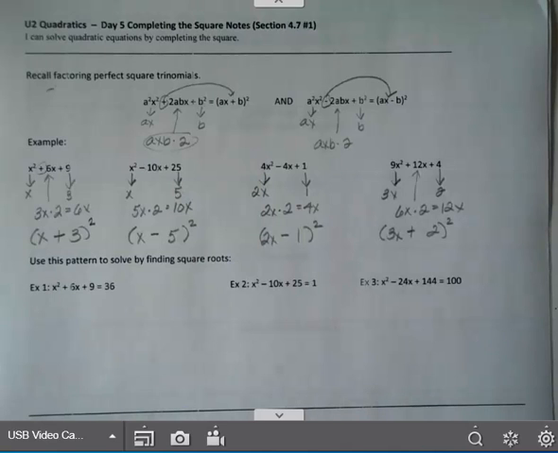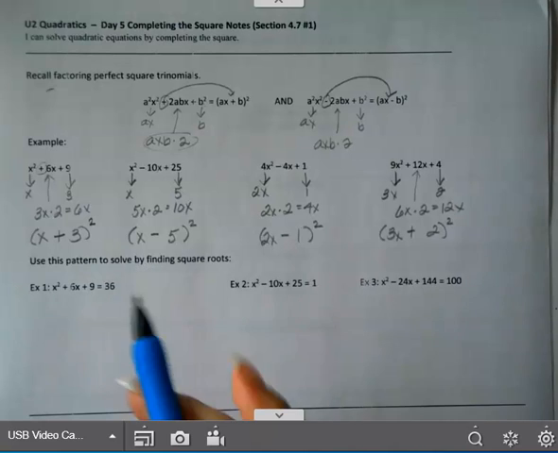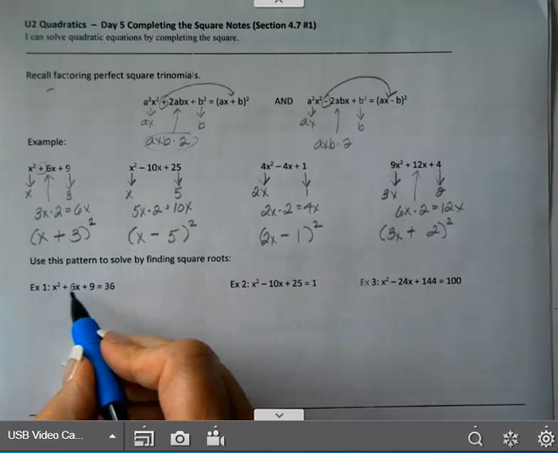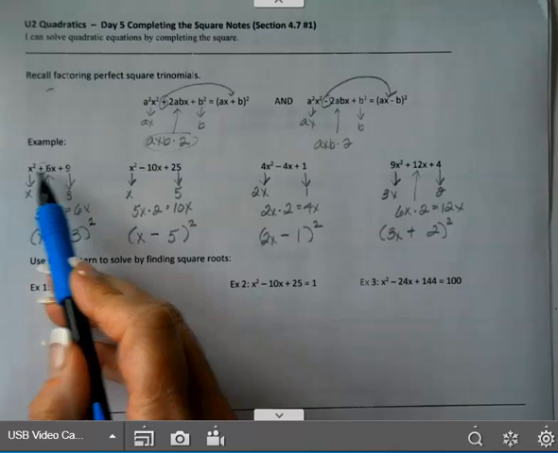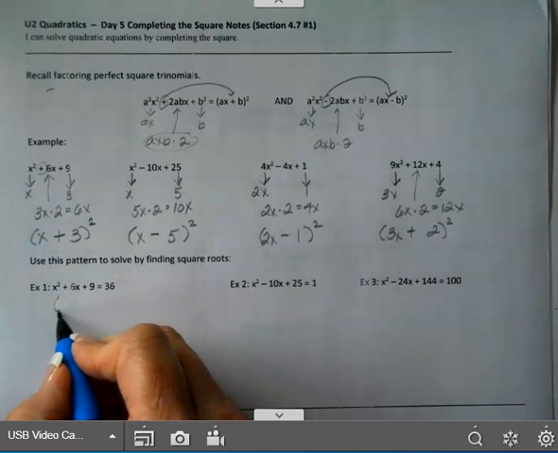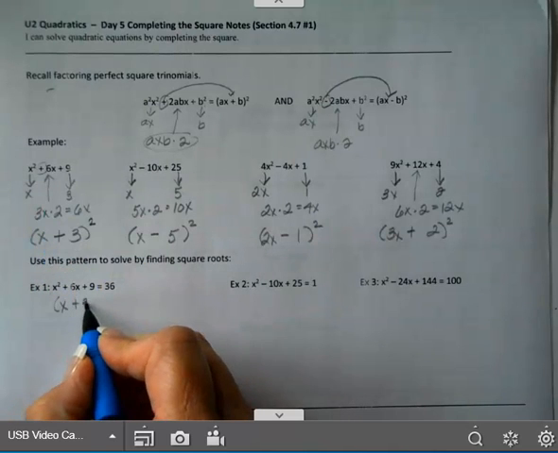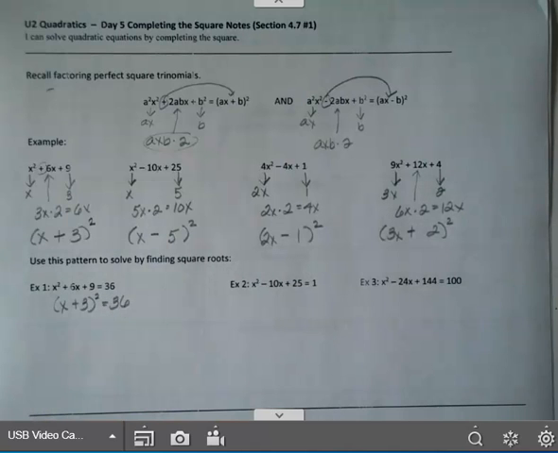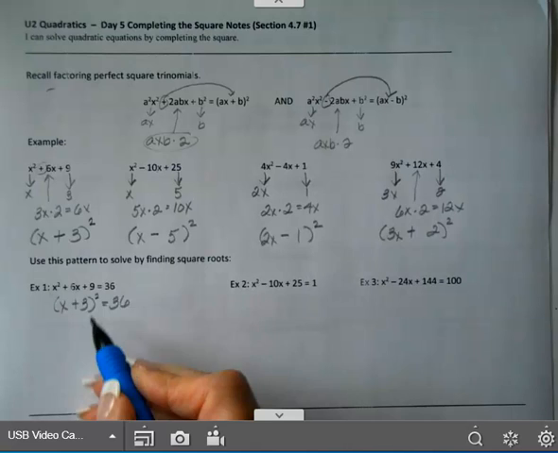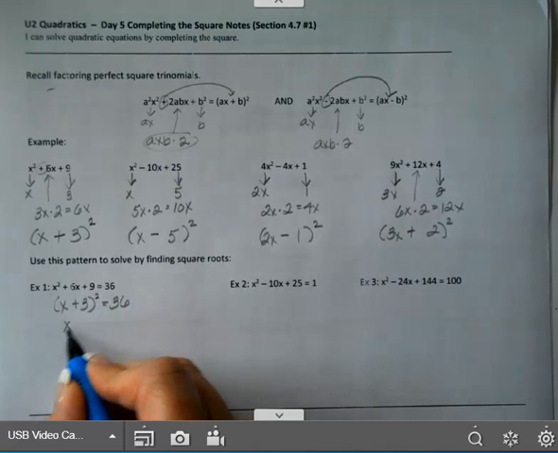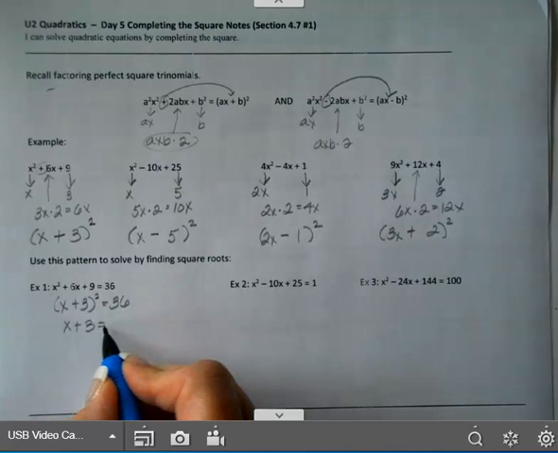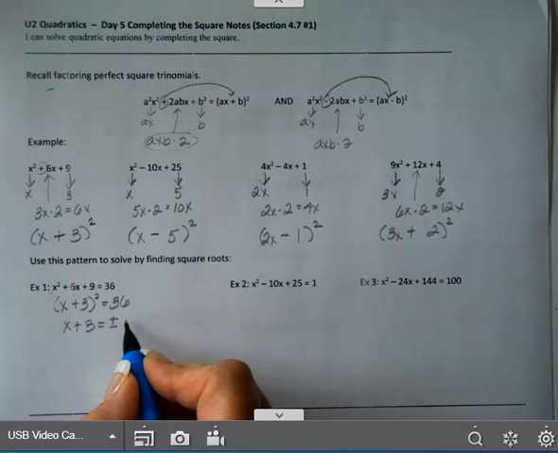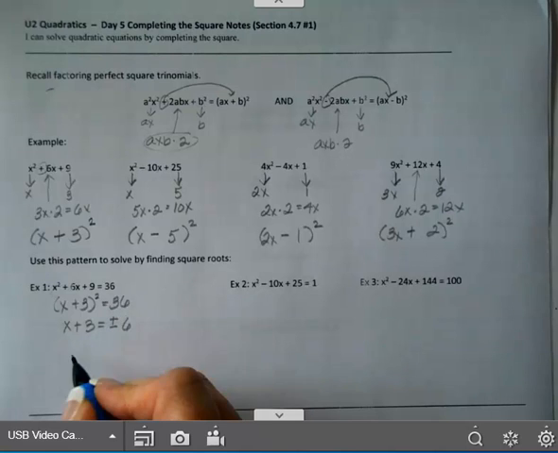We're going to use this pattern now and solve by square roots. This x squared plus 6x plus 9, notice we just factored that above, so I can go ahead and write that that was equal to x plus 3 squared equals 36. And now to undo the square, you square root both sides, so this will be x plus 3 equals plus or minus, and the square root of 36 is 6.